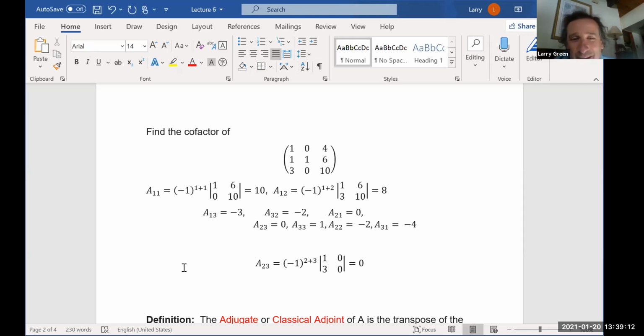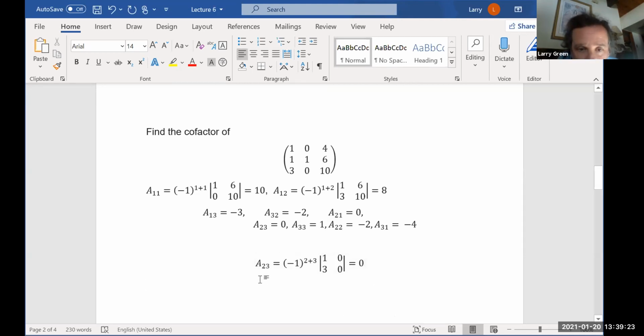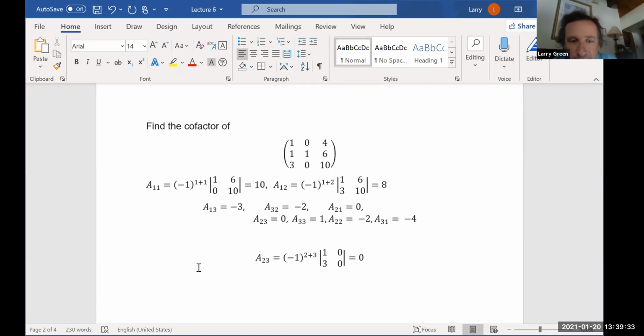So I did a couple of them, you all did the rest, and hopefully you all got the rest of them right. So again, you can check each other's work and hopefully it all worked. All right, so in particular, I can look at these cofactors and say, now I have a cofactor for each entry.